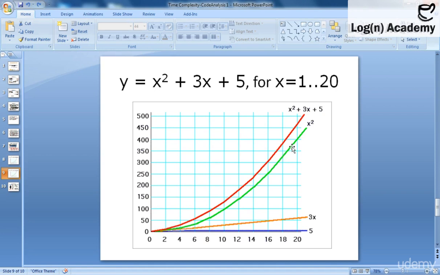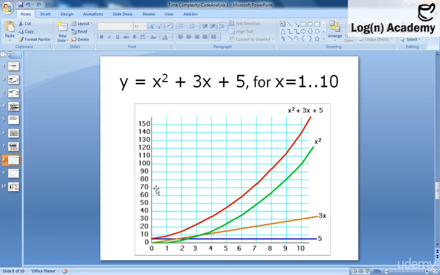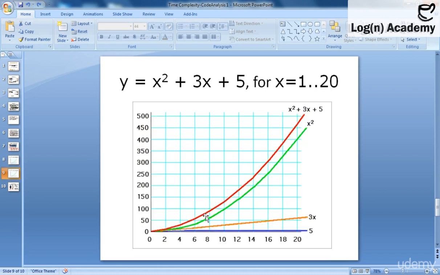If the input size becomes larger and larger, this distance will reduce more. When the input size was 1 to 10, the distance was more, but when the input size is 20, this distance has been reduced. So in this way we take the highest order term in order to calculate the complexity of the code, and we consider that term only, right?